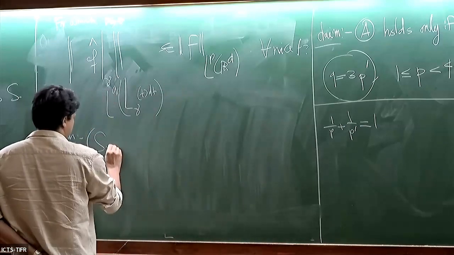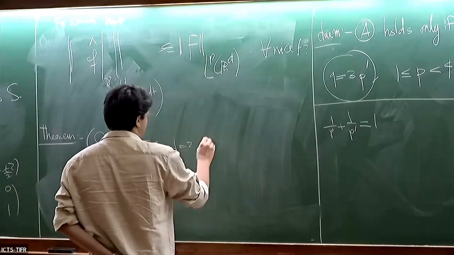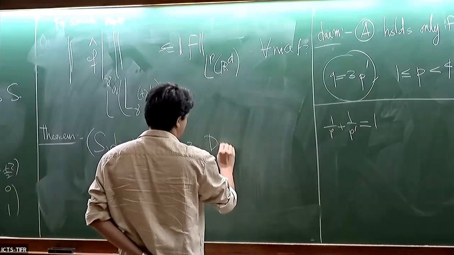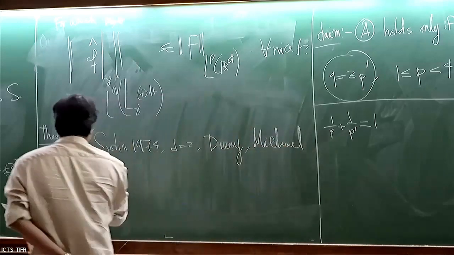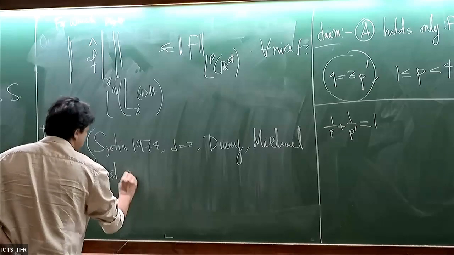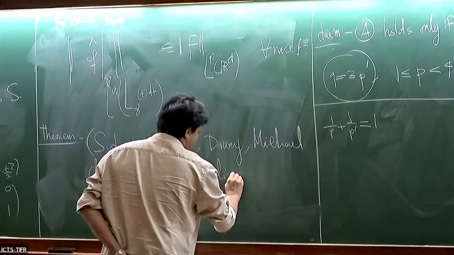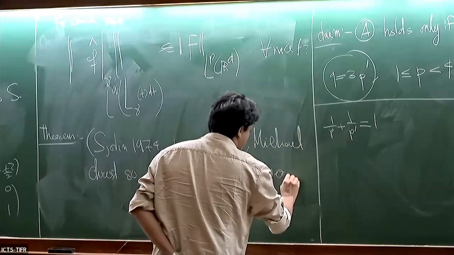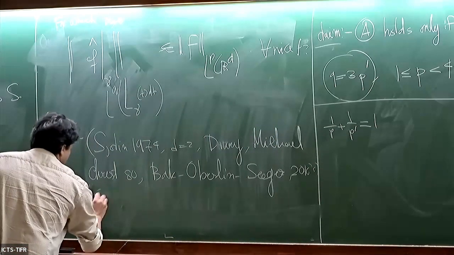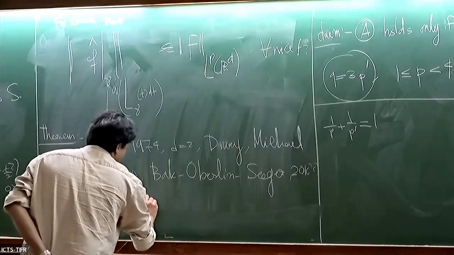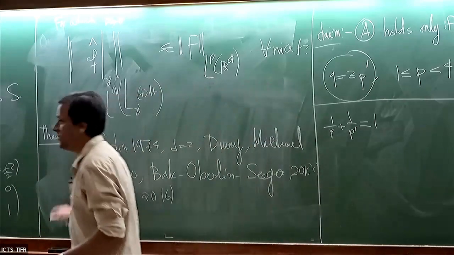The major works were done by Zygmund in 1974 in dimension 2, and then Drury in the mid-80s, Michael Christ, Bak, Oberlin, and Ham in the early 2000s or 2010s, and then finally Betsy Stovall in 2016 proved that this estimate holds for the same exponents as for the model case, the moment curve.